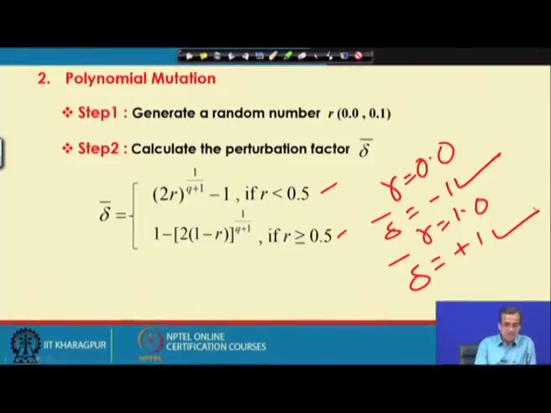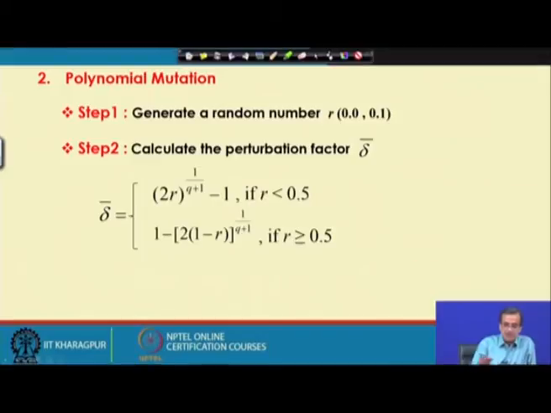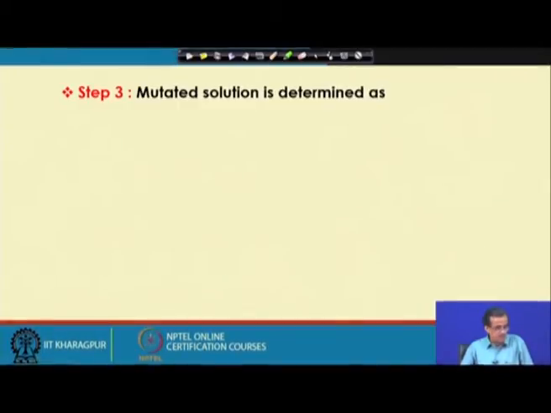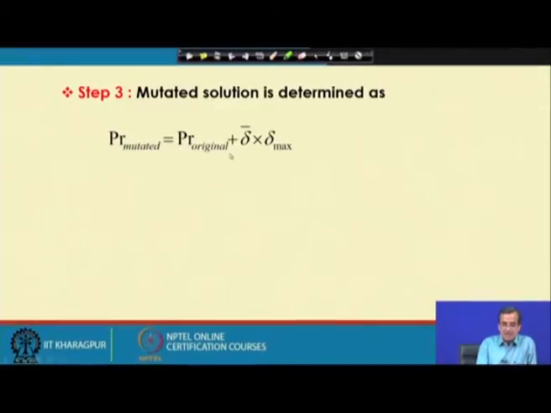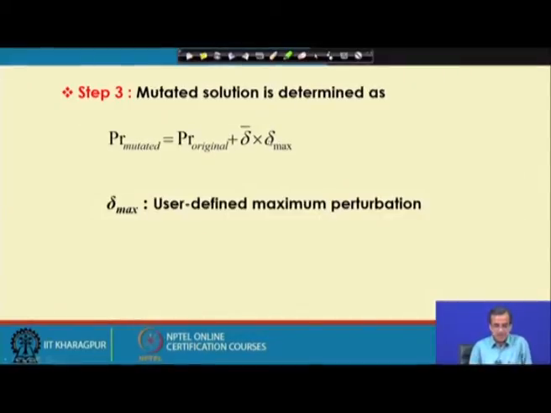Now, using the value of this perturbation factor, I can find out what the mutated solution should be. P r mutated is nothing but P r original plus delta bar, that is the perturbation factor, multiplied by delta max. Delta max is the user-defined maximum value of perturbation.